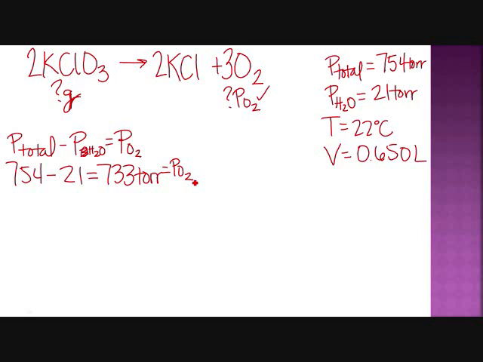So we've already used these things, so we're not going to use those anymore. If we use these and we use the partial pressure of oxygen, could we find moles of oxygen? That's the next thing we're going to do. So we can't keep torr, though. We have to convert it to atmospheres. So if you look on the equation sheet, underneath the R's, it tells you what are we going to divide by? 760.